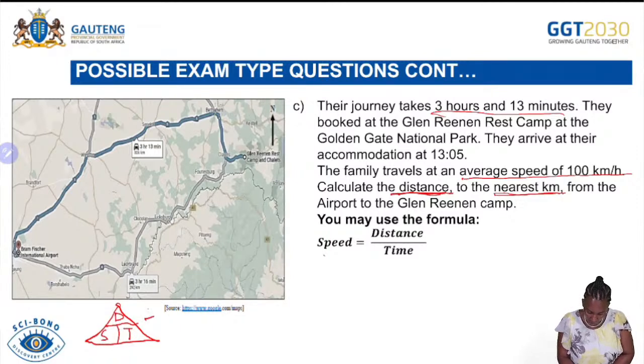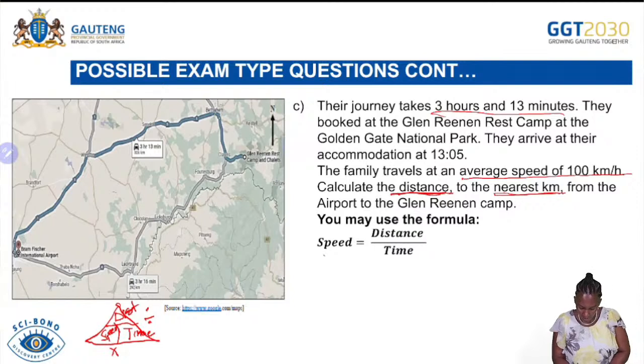We know here it's a division line, and here it's a multiplication line. D stands for distance, here is the time, and here is the speed. And the question says calculate the distance that they have traveled.